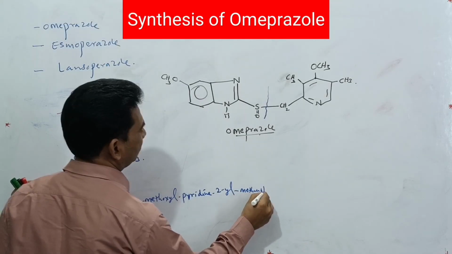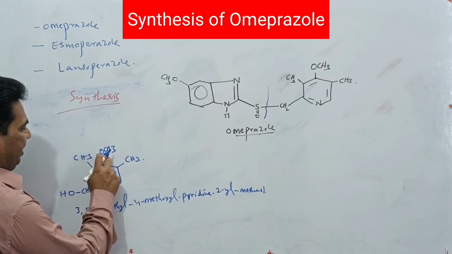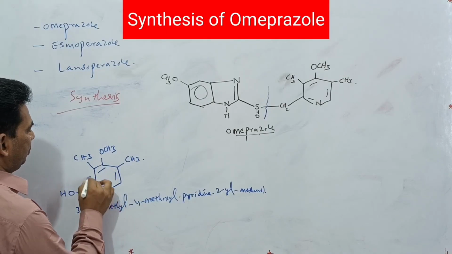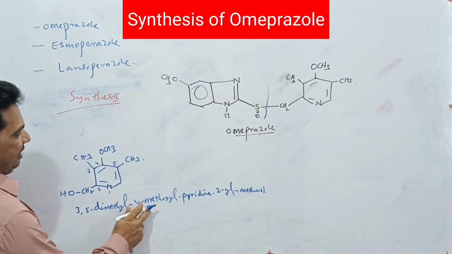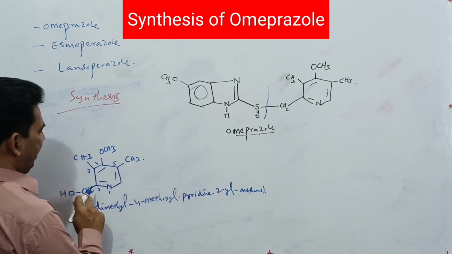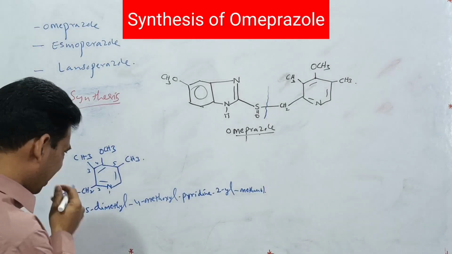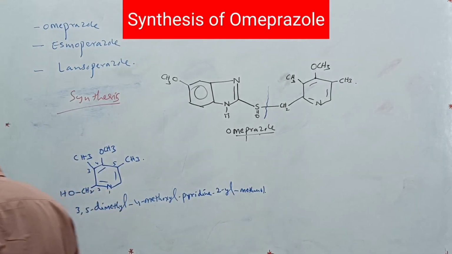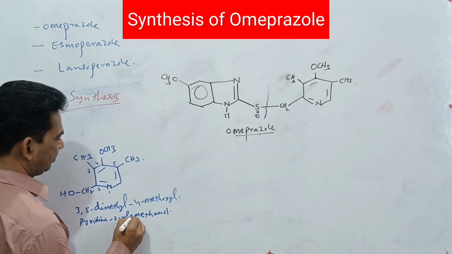Methanol. This is the name for this one. 3,5-dimethyl 4-methoxy, because you give the numbers 2, 3, 4, 5. 3,5-dimethyl 4-methoxy pyridine 2-yl methanol. Here it has the methanol. This is the one molecule. Okay. 2-methanol you can also write.